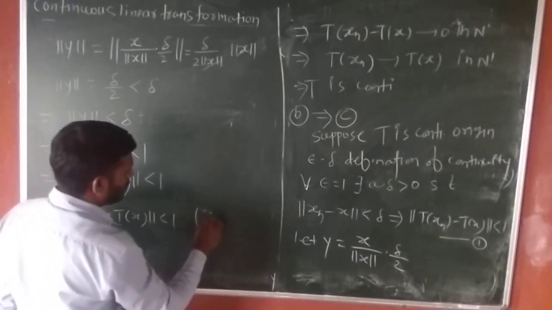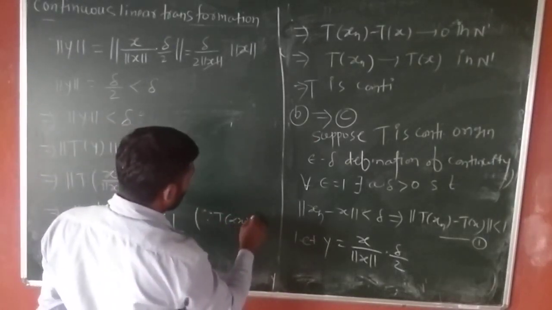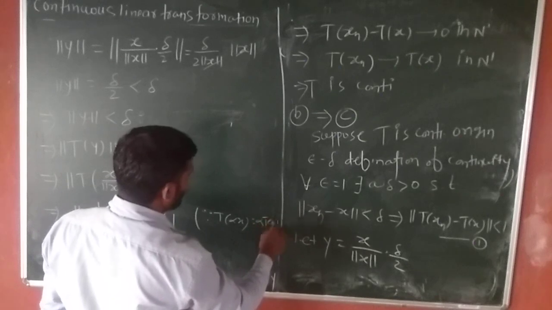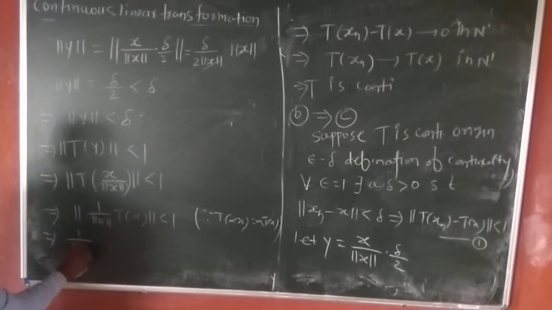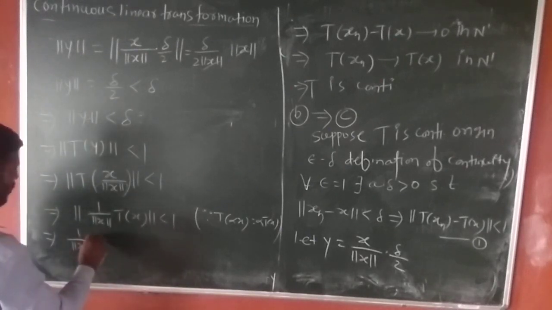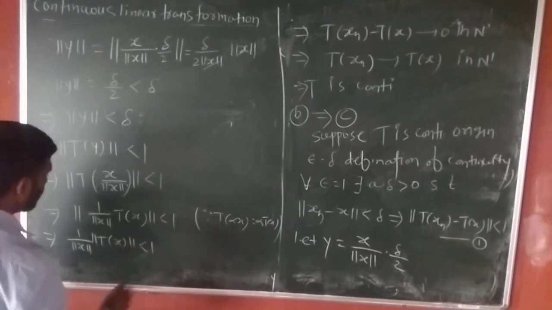Since T of alpha x equals alpha into T of x, here alpha equals 1 upon norm of x. So this is a scalar, and we can take the scalar out of the norm. What we get is norm of T of x is less than 1.